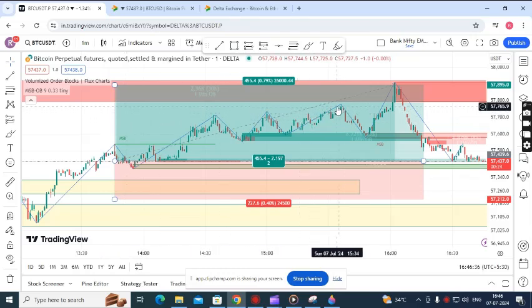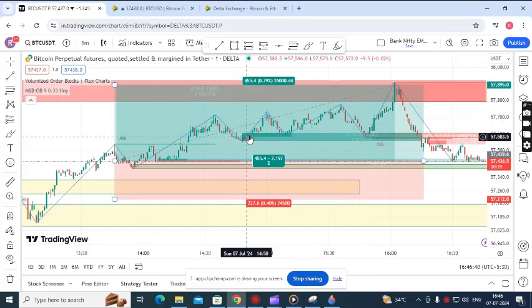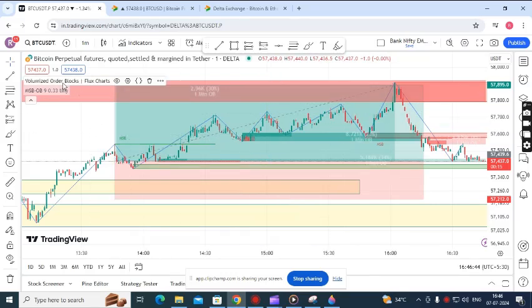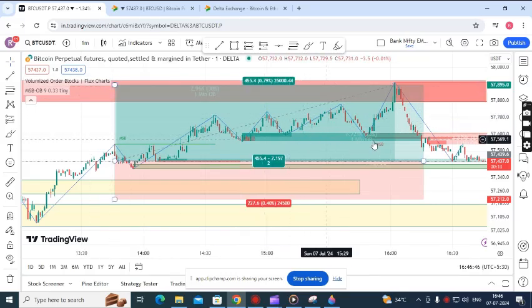So it got rejected here once, and from the bullish order block, from the volumized order block flux chart, it exactly took the support from here, from this order block, and rapidly went high to hit our target. So our target was somewhere here.